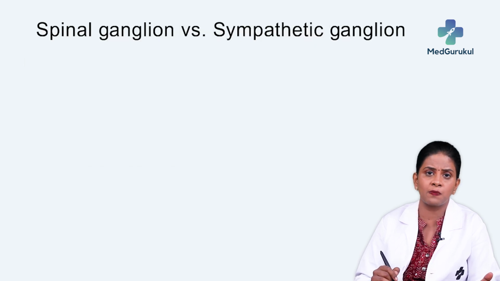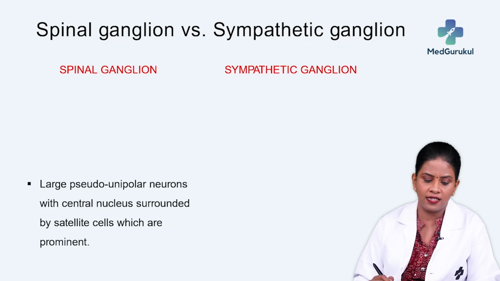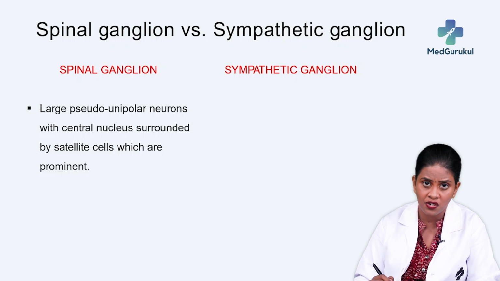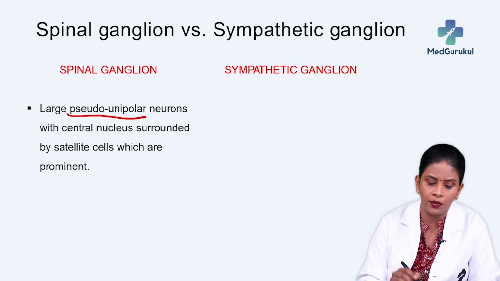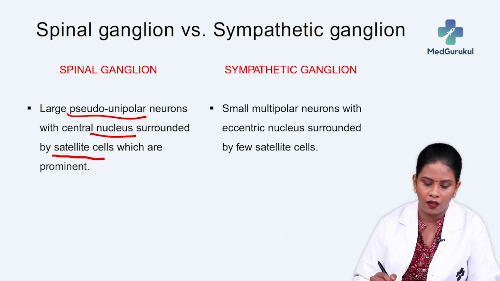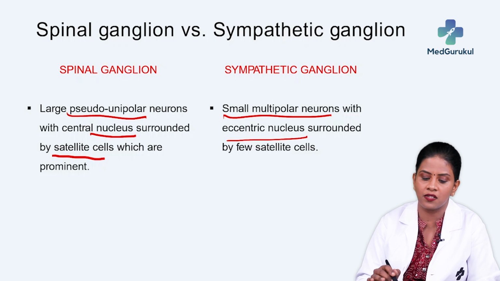What is the difference between spinal ganglion and sympathetic ganglion? A very often asked question in histology discussion. Spinal ganglion is made up of large pseudo unipolar neurons with a central nucleus, surrounded by prominent satellite cells, whereas sympathetic ganglion has small multipolar neurons with an eccentrically placed nucleus surrounded by few satellite cells.